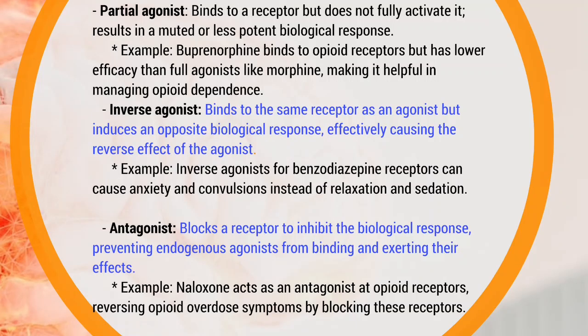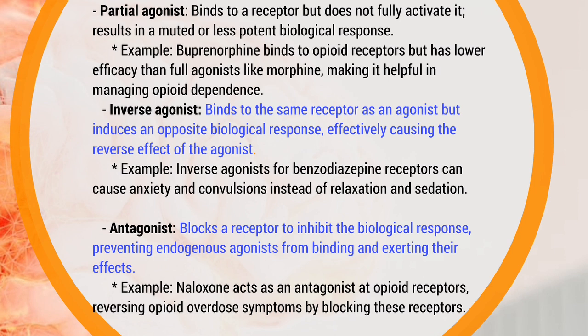Inverse agonism binds to the receptor as the agonist does, but it induces an opposite biological response, effectively causing the reverse effect of an agonist. For example, an inverse agonist for benzodiazepine can cause anxiety and convulsion instead of relaxation and sedation.